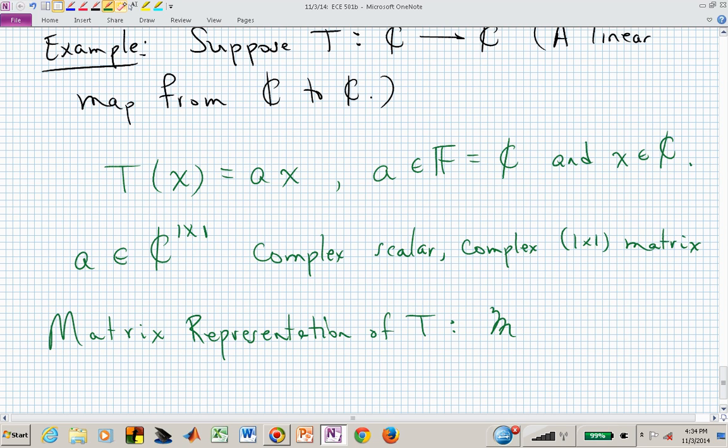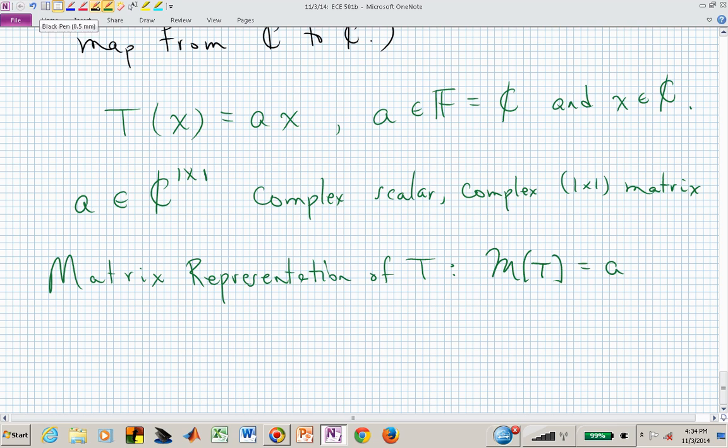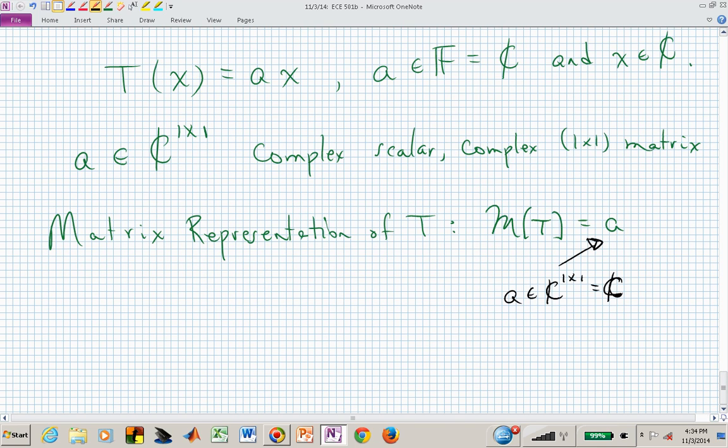But now the matrix representation of T is A. And again, if we wanted to really keep track of things, that A is a 1-by-1 matrix, if we wanted to generalize.